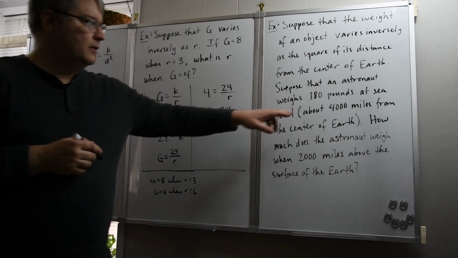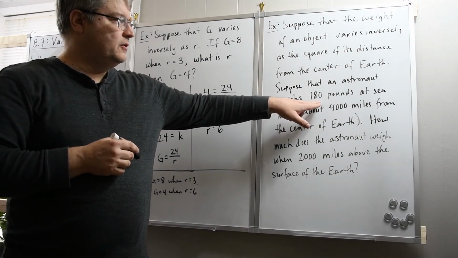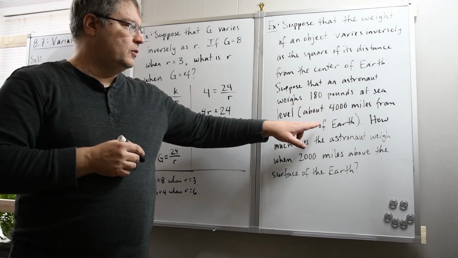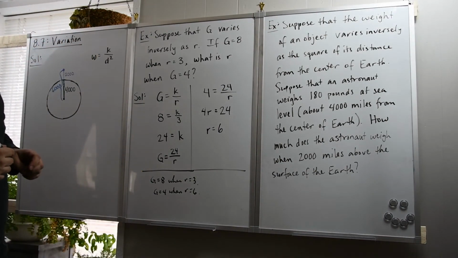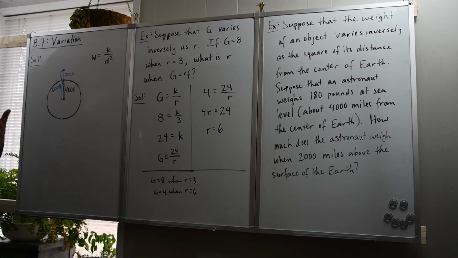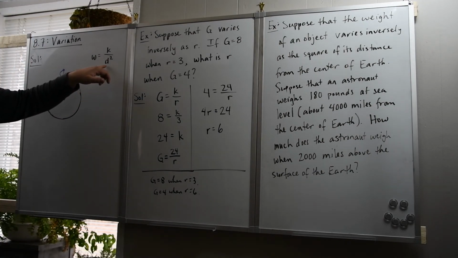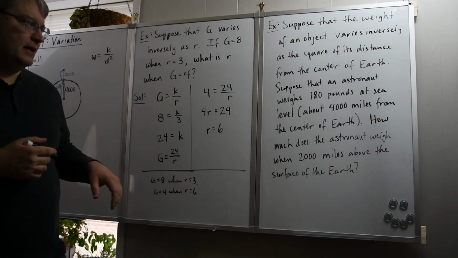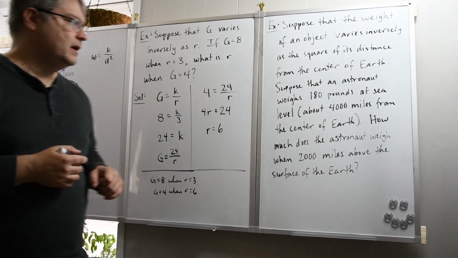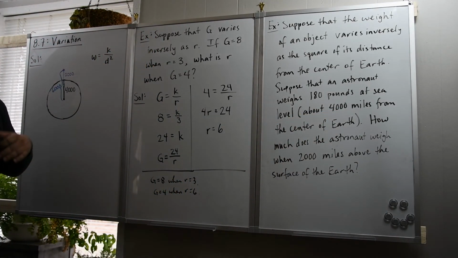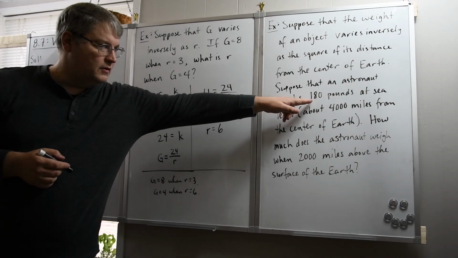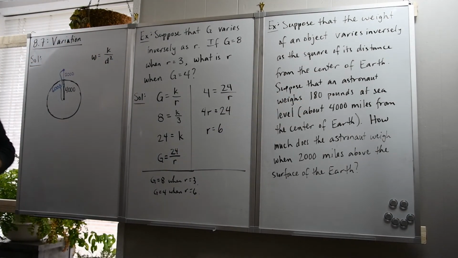So we're given that W is equal to 180 when the distance is 4,000. Now, to make this work out a little bit nicer, I'm going to think about d as being in thousands of miles. And so if W is equal to 180, then d is equal to 4.